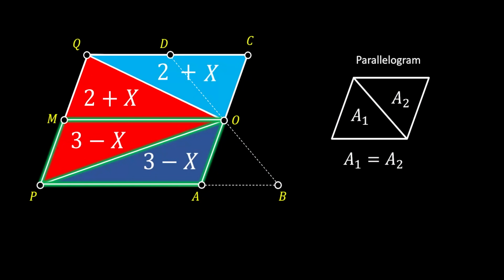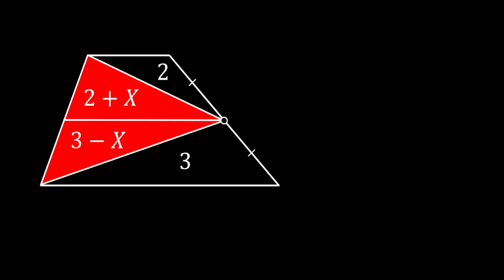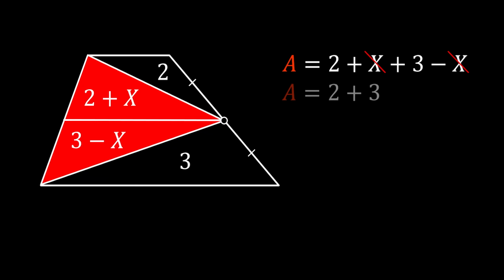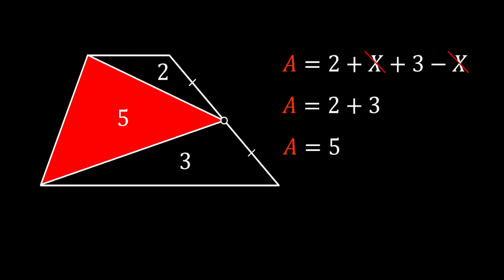Alright, so now let's clear all this and go back to the original image, and as you can see, you can easily find the red area as the sum of the areas 2 plus x and 3 minus x. Of course, we can cancel out plus and minus x, and we get that the area is 2 plus 3, which means that the red area equals 5, and that's our answer.